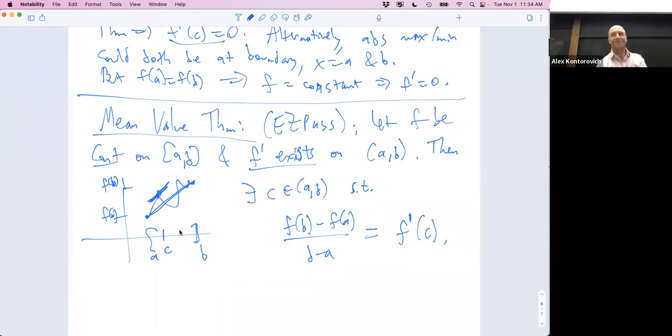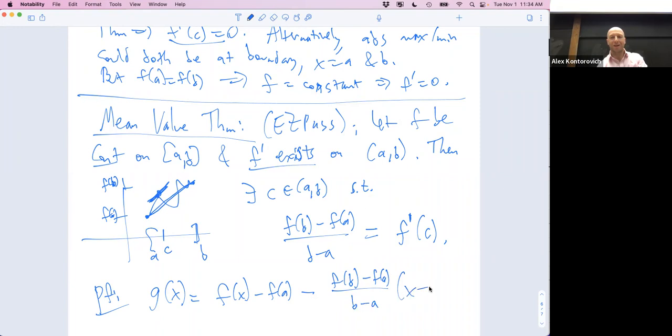Does that make sense? All right, let's prove it. The proof is very simple. We're going to make a new function. And in the interest of time, let me not belabor how you would cook up such a function, but it's a very simple function to think of once you think of it. So here's what I'm going to do.